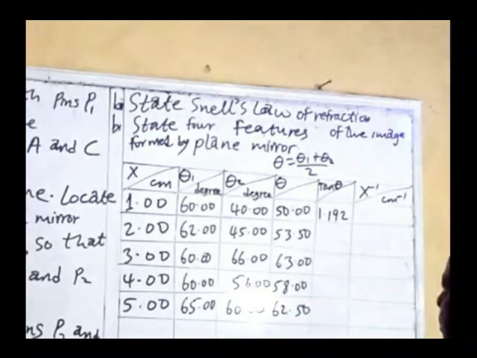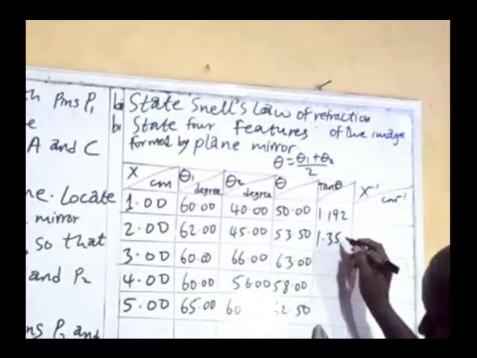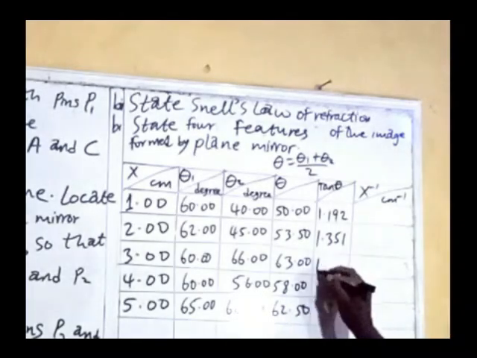Tan 53.5 is equal to 1.351. Tan 63 is 1.963.